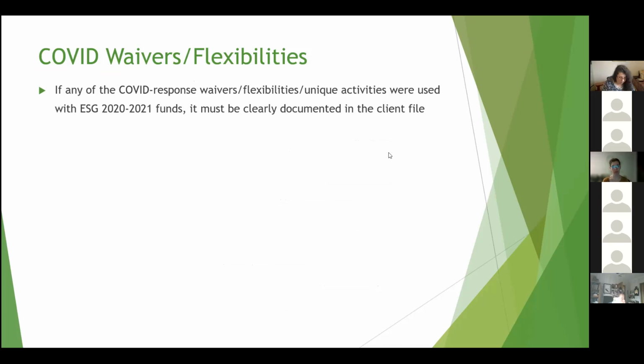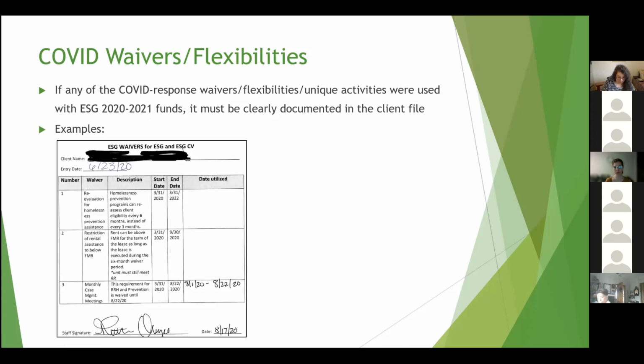However, this is talking about funds from last year's ESG cycle, the 2020 to 2021 grant cycle that ended September 30th of '21. Those funds were able to use COVID response waivers. But if you did, it has to be clearly documented in the file.